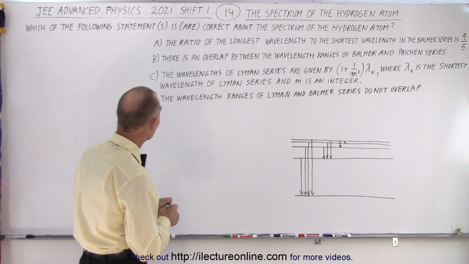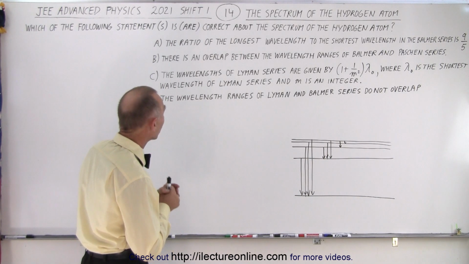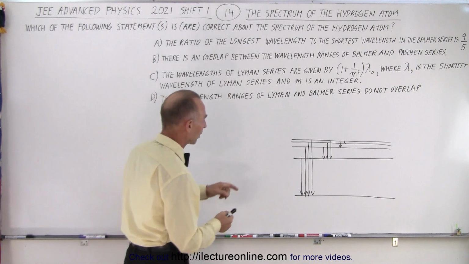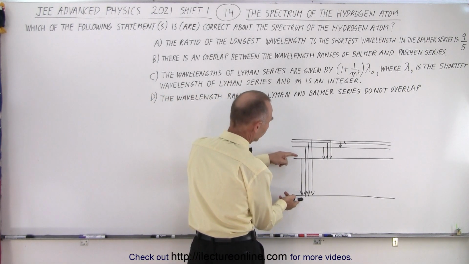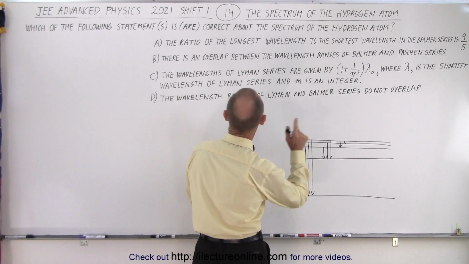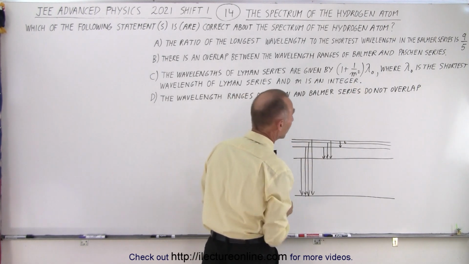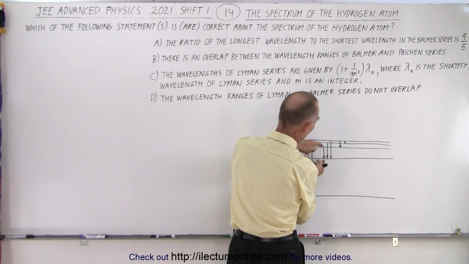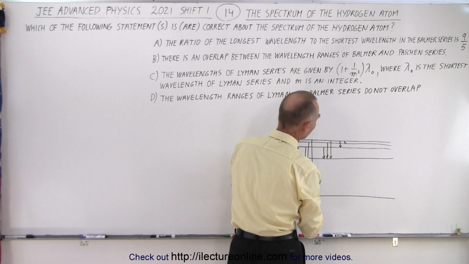And so the first one says the ratio of the longest wavelength. Of course, the longest wavelength comes from the smallest energy difference, and we're talking about the Balmer series. So here we have the longest wavelength and the shortest wavelength.